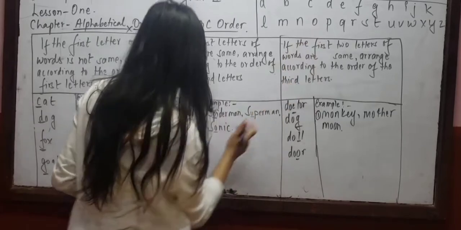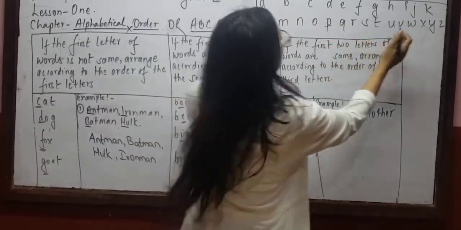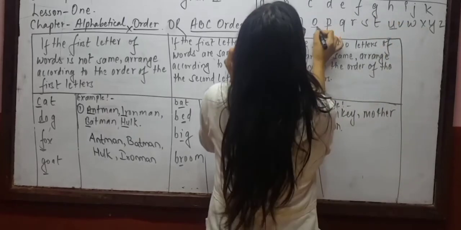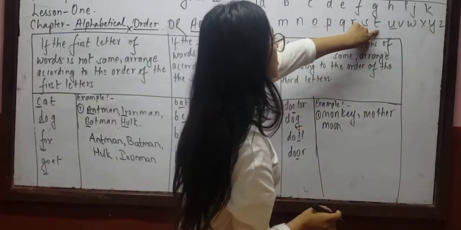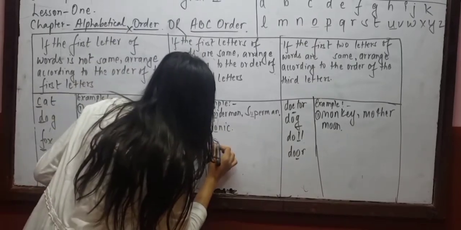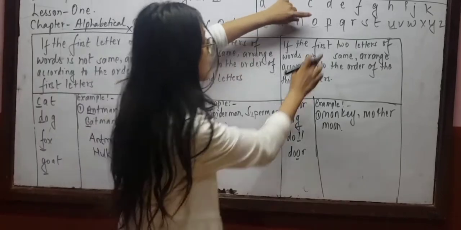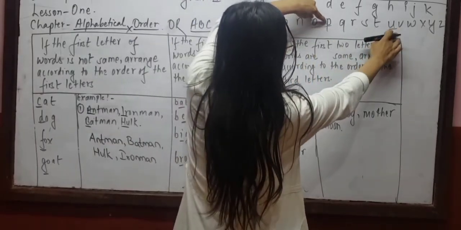Now which comes first? P, U or O? You can see here. First P, U and O. Which comes first? O. Then we are going to write here Sonic. It comes first, and after Sonic we have O, P and U. U is at the last.